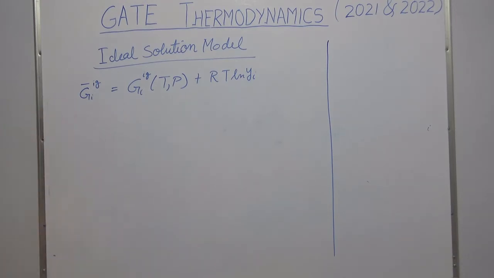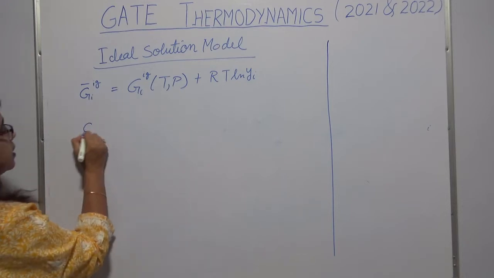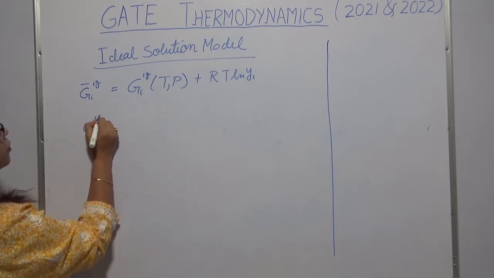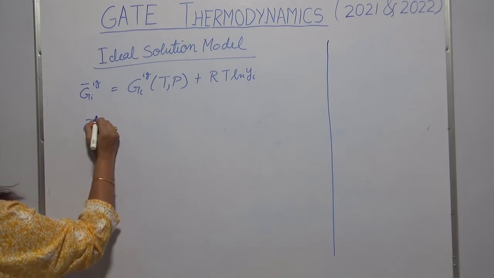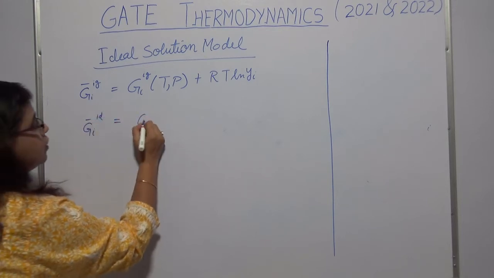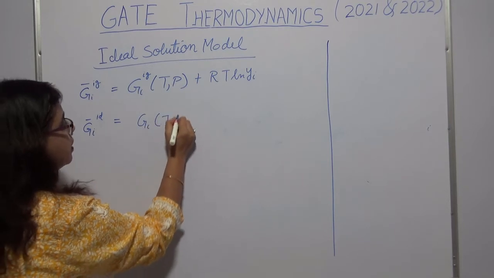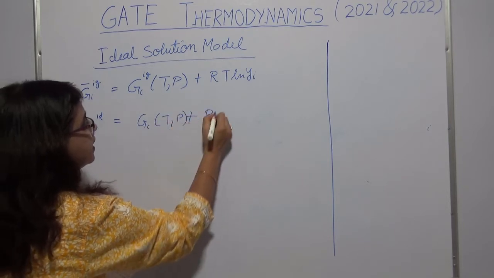Now based on this equation, we are going to define the ideal solution. An ideal solution is defined as one for which the partial molar Gibbs free energy of any species i is equal to Gi at T and P plus RT ln xi.